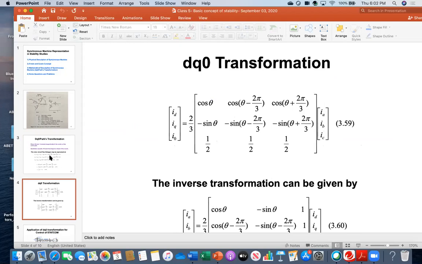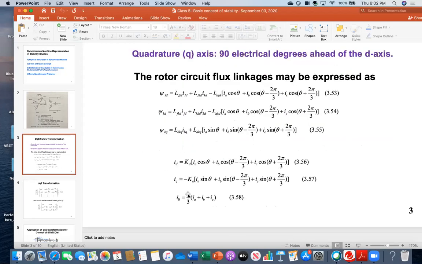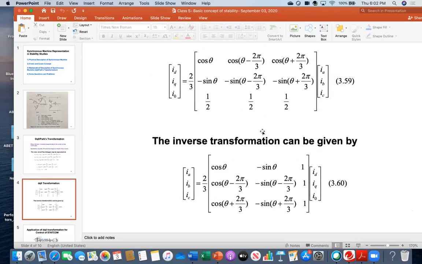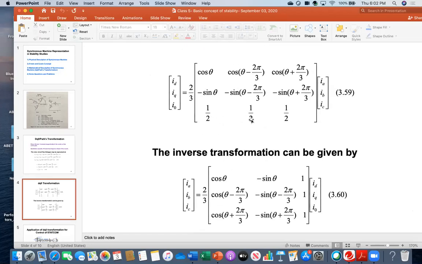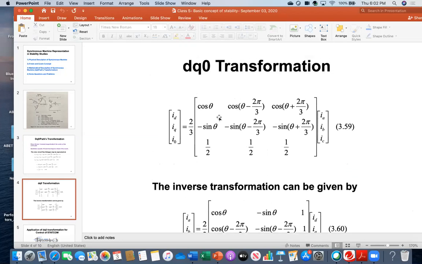And you remember that the last one was 1/3 of IA, IB, IC. That's why I wrote half, half, half here, and then 2/3 here, so that the meaning is the same. 2 will be cancelled, and it will ultimately be 1/3. Therefore, this is called the DQ0 transformation. So what is it telling you, what information can you obtain from here?